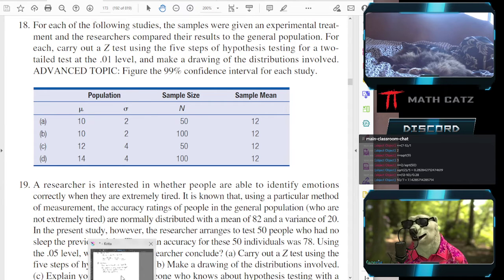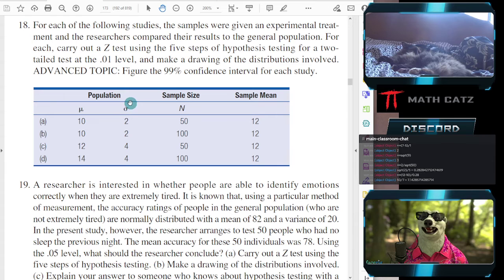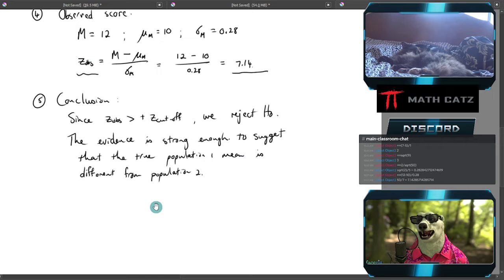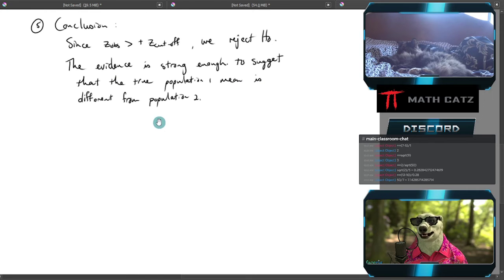Lastly, we want to add another part at the end for practice's sake, where we calculate our 99% confidence interval. And of course, do I have space? I do have some space. This continues from the lecture that we did in the A video, 4.3a, where we introduced the idea.